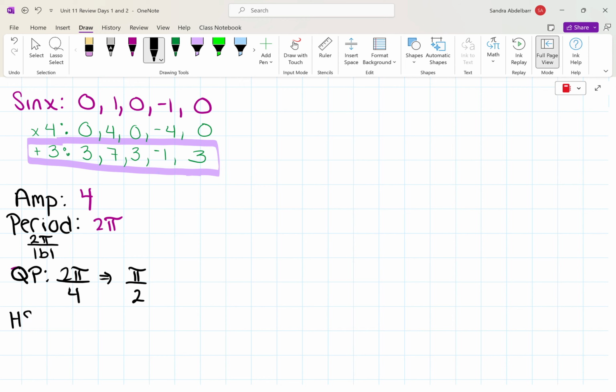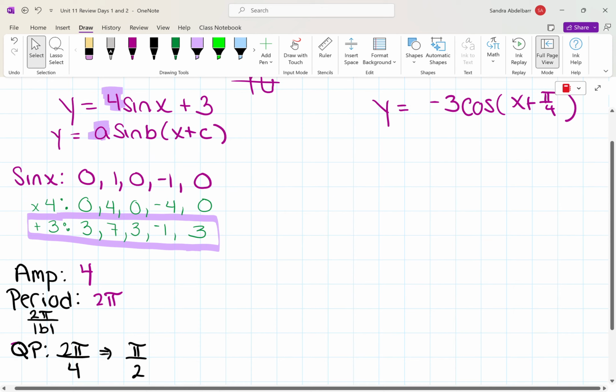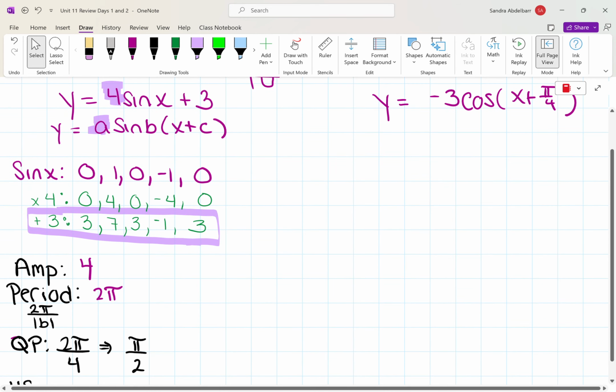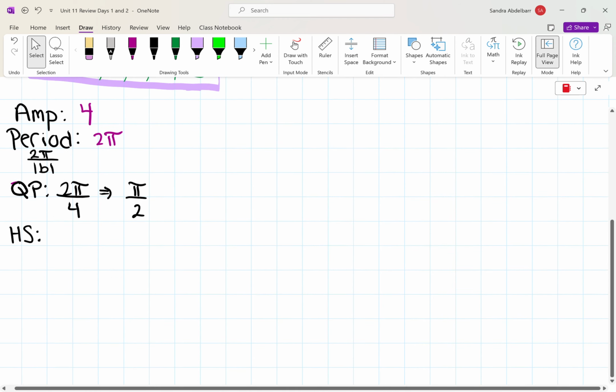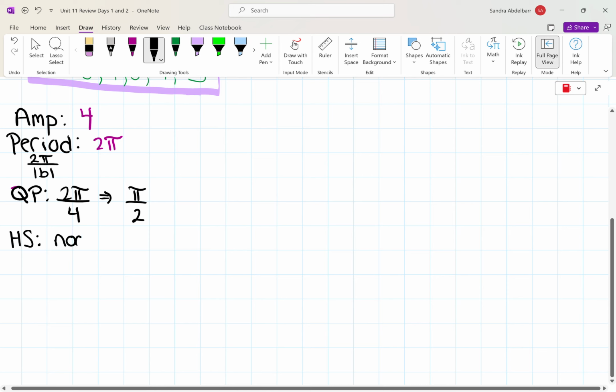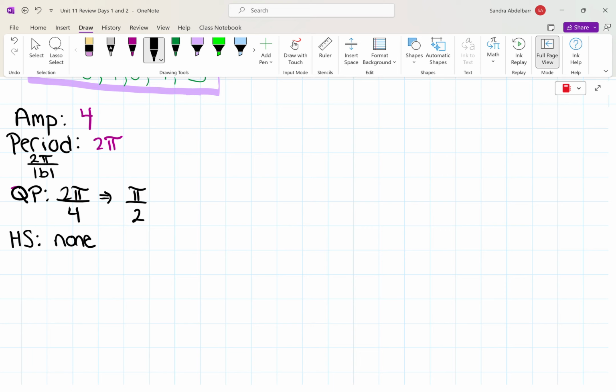And then our horizontal shift. Our horizontal shift is always in parentheses grouped with the x. Right now, this is not in parentheses grouped with the x, and your horizontal shift will always contain a pi in it if there's going to be a horizontal shift. There's no pi, there's nothing grouped with that x, so we are going to say none, or no horizontal shift, whatever you want to write.